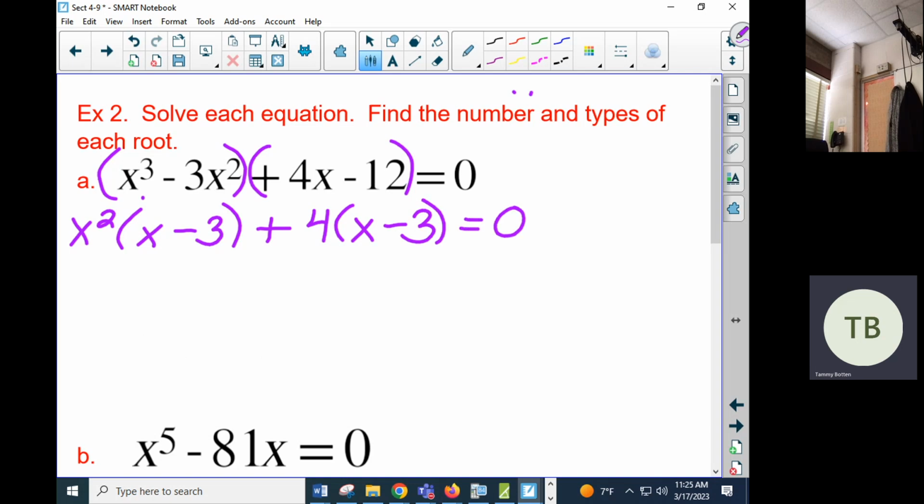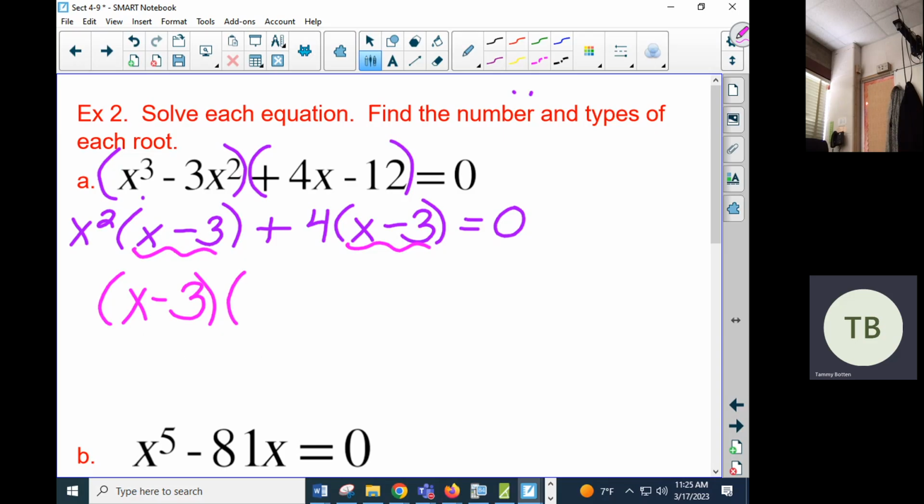Now, when you've done factor by grouping correctly, this factor and this factor should be the same. If they're not, you've done something wrong. And what you do, I always put that factor down first. And even though it's there twice, you only write it down once.